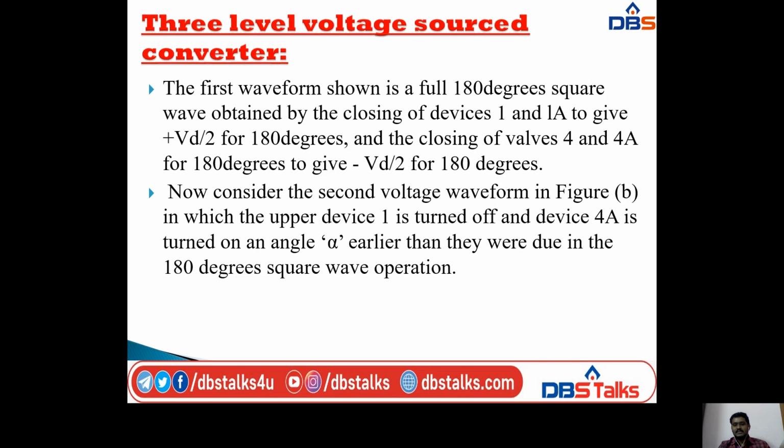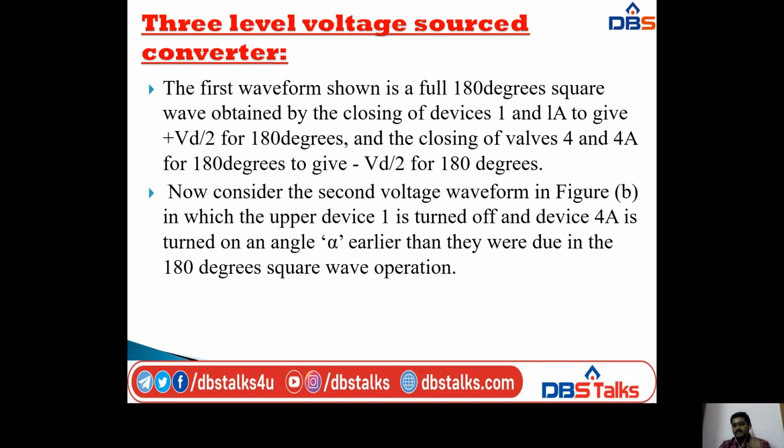Next, consider the second voltage waveform, in which the upper device 1 is turned off. In the previous first diagram we were taking 1 and 1A, 4 and 4A, these four being the upper half of the phase leg. Now consider the second voltage waveform in figure B, in which the upper device 1 is turned off and device 4A is turned on.